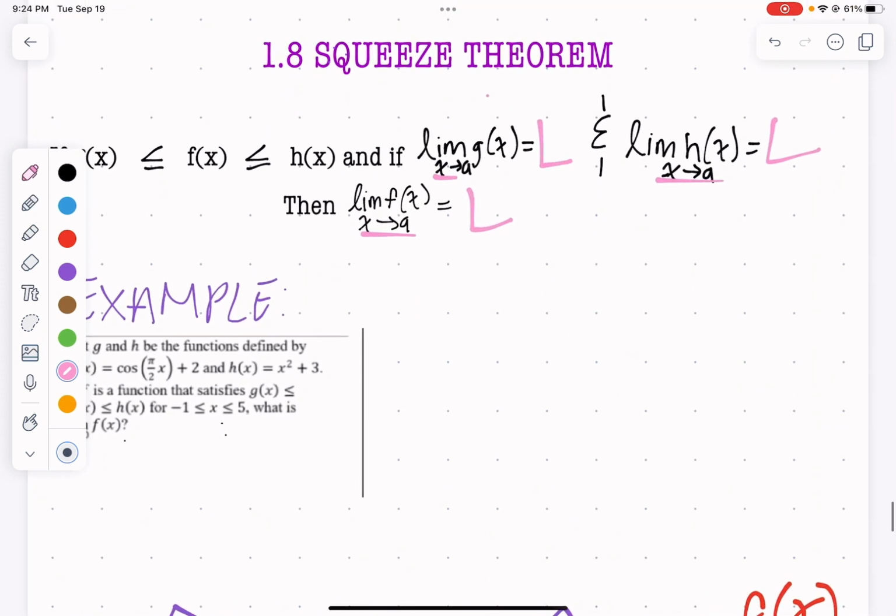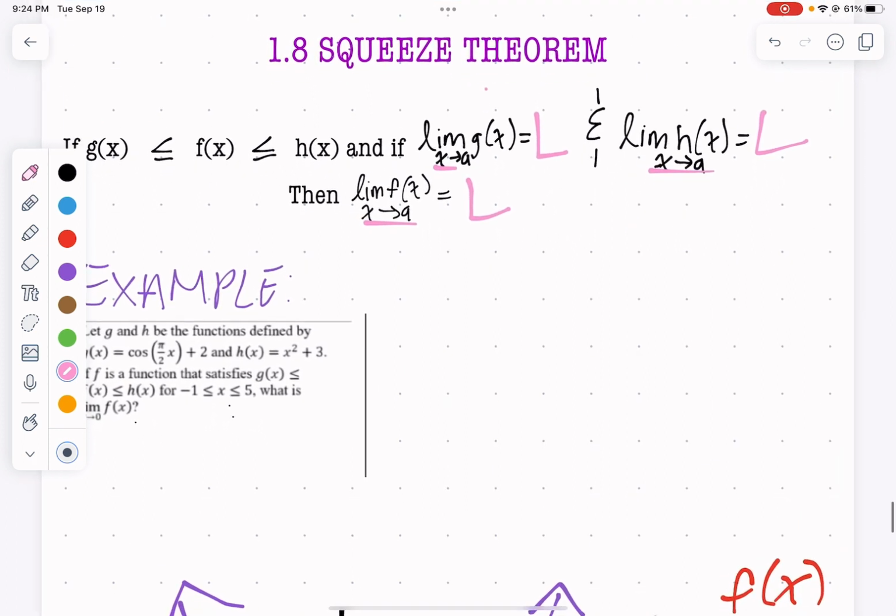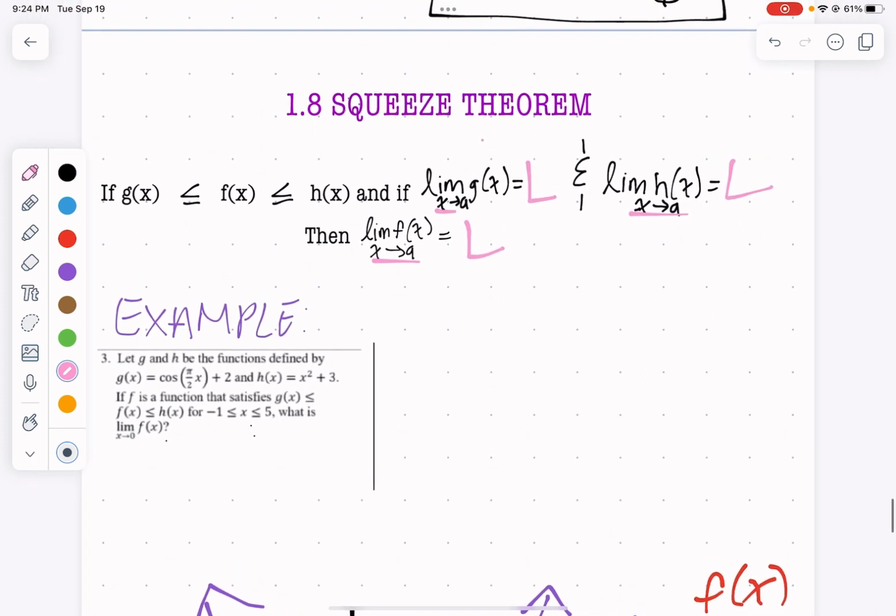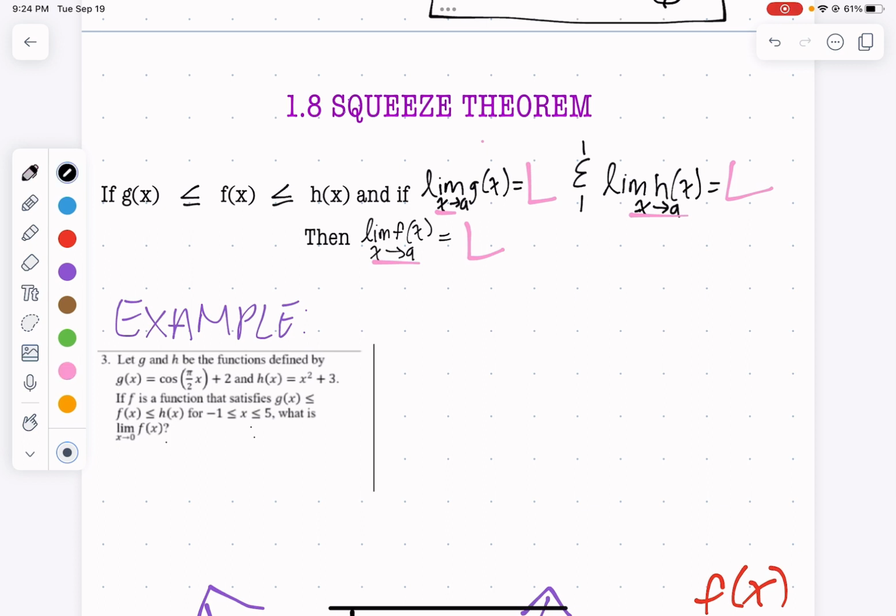So let's get into our example. Let g and h be the functions defined by g of x equals cosine of pi over 2 times x, plus 2, and h of x equals x squared plus 3.